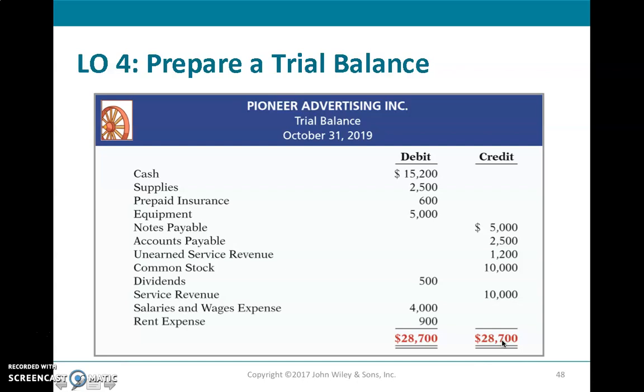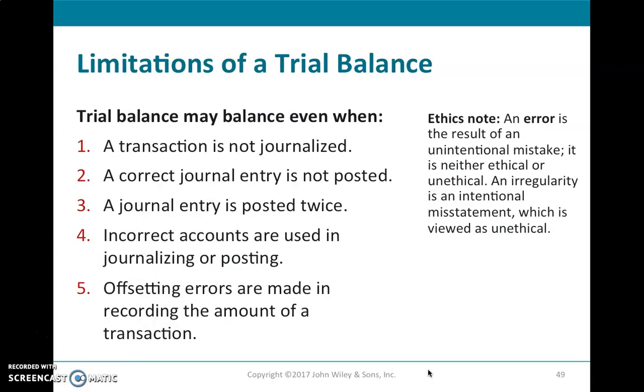If it doesn't, it means we made a mistake in our posting or in our journalizing. The whole purpose of preparing a trial balance is to make sure the total debits that we have made equal our total credits. And if it doesn't, then it means we need to go find where we made the mistake.